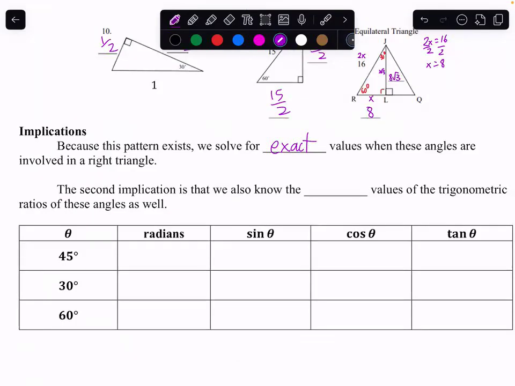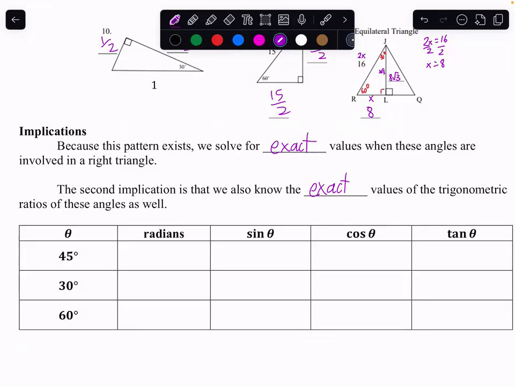Okay, so if you can exactly get all of the side lengths, you can also exactly get all of the trigonometric ratios. Trigonometric ratios were a big topic in Math 2. These are things like sine, cosine, and tangent. They represent ratios, the comparisons of side lengths.